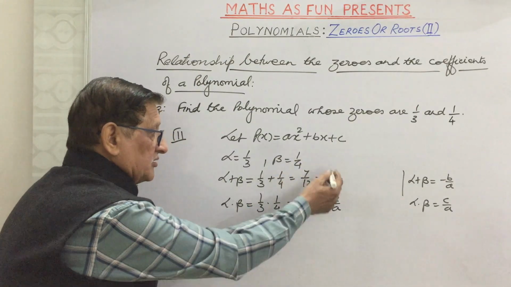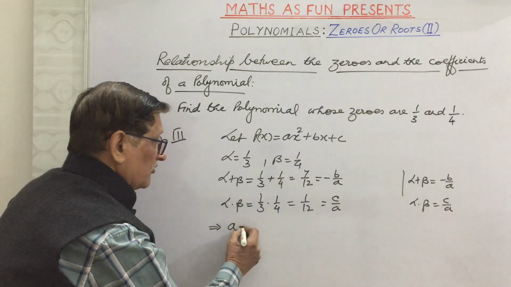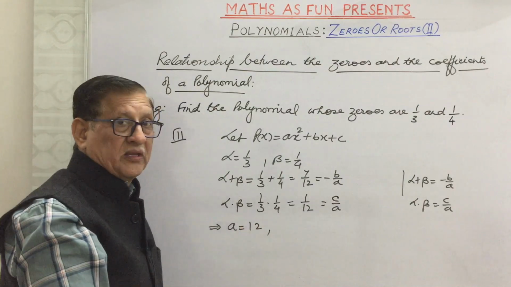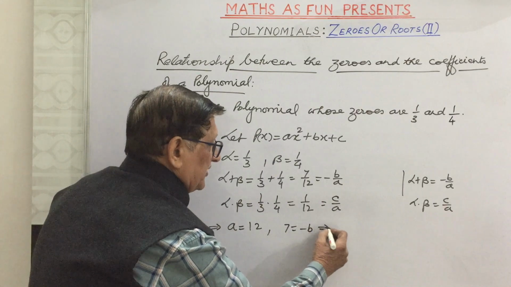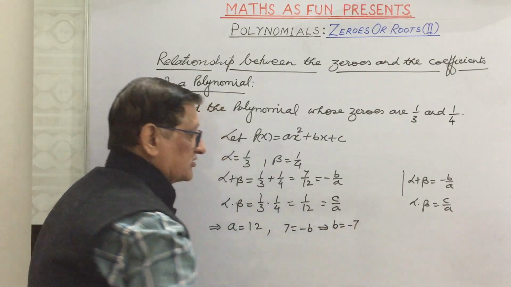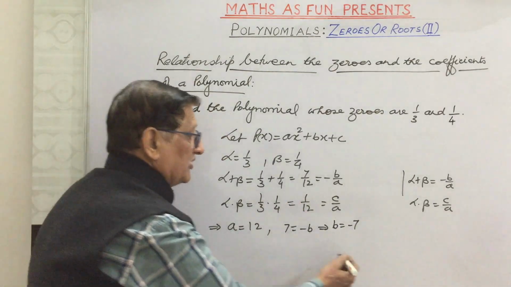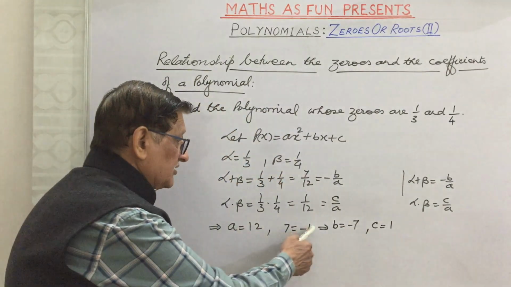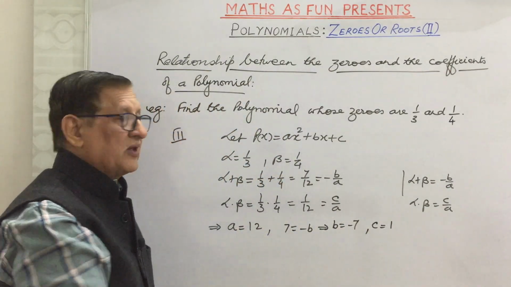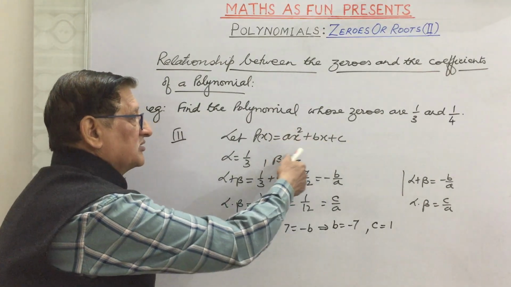So by comparing these two values, we can get the value of a as 12. From this we are getting 7 is equal to minus b, it means b is minus 7. And from this we are getting c is equal to 1. After finding these values of a, b and c, we can substitute that here in this px.